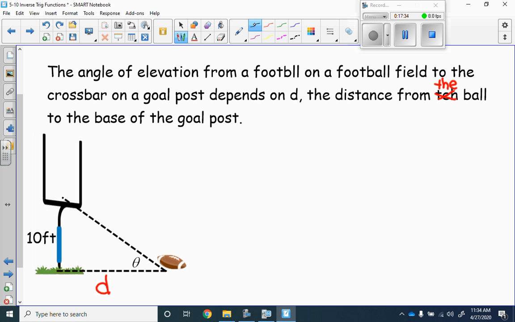So what many times people would do is they would set this up as, okay, well, the tangent of theta is equal to 10 over D, right? Now, another way that you could write this out is, let's say you wanted to solve for that angle theta.